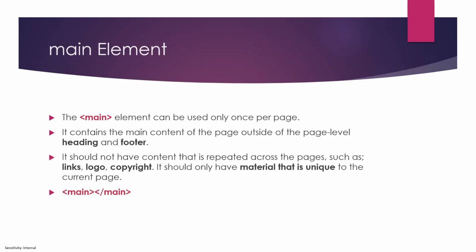So that header part can span across all my pages, while the main part is the information that is particular or unique to the exact page that you are visiting. Okay, so that's what we represent in semantics as the main. We'll get to this when we move on.